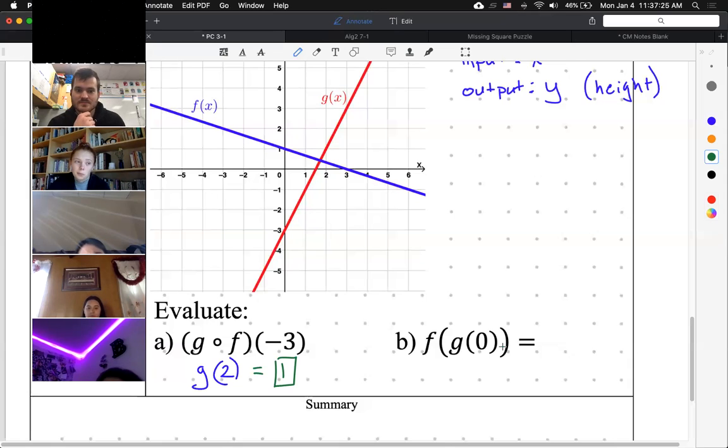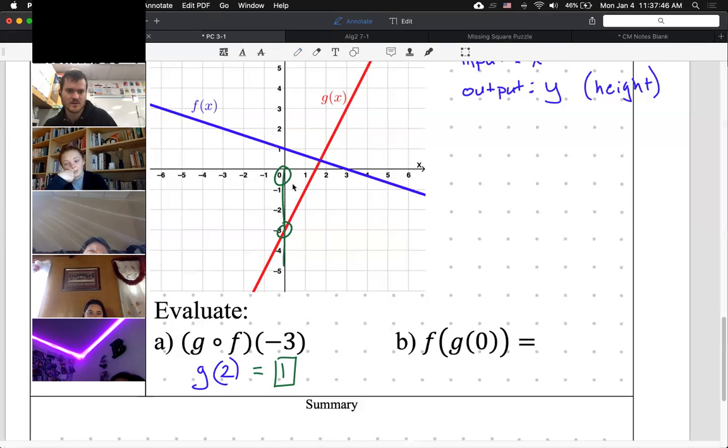You start off with the red line, the G line, right? And you go to 0. On the x coordinate or the y coordinate, 0? The x coordinate. Okay, the x coordinate 0, that is right there.